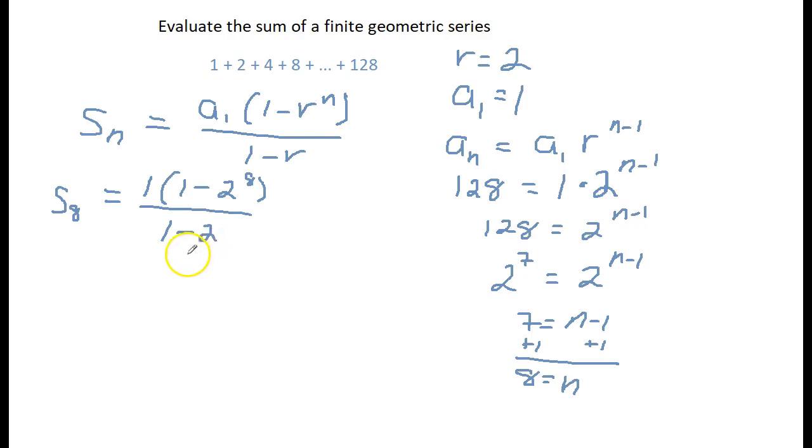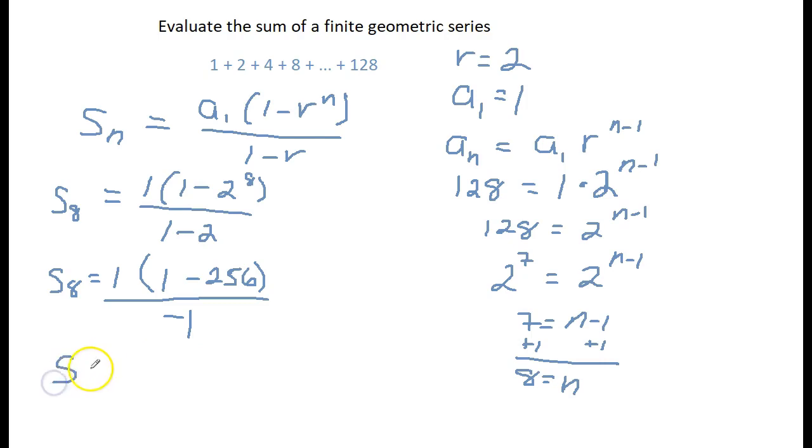Okay, so 2 to the 8th power, let's see, 2 exponent key 8 gives me 256. So S sub 8 equals 1 times 1 minus 256 over 1 minus 2, which is negative 1. Okay, well, 1 minus 256 is negative 255.